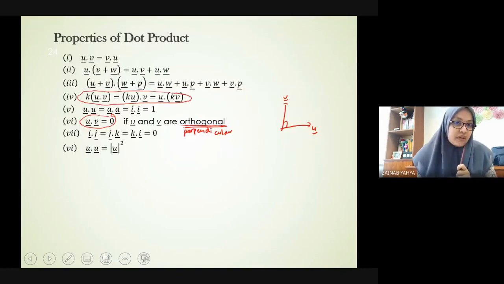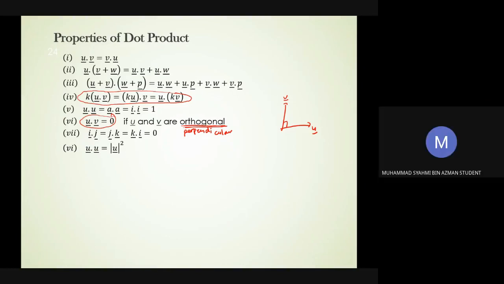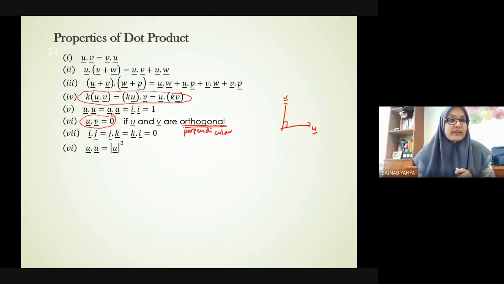How do we know that they are parallel? Same vector. When we can write u in terms of a scalar times v. For example, v equals 2u, for example.